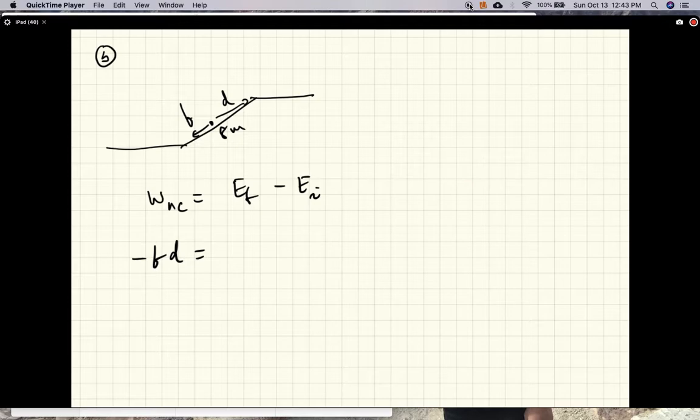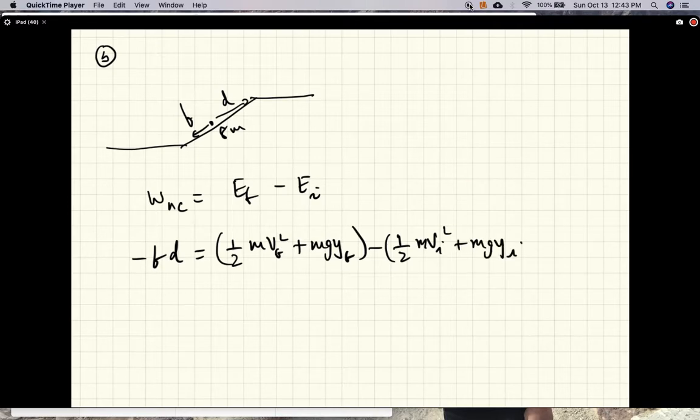And so that's equal to 1/2 m v final squared plus mg y final minus 1/2 m v initial squared plus mg y initial. So there's the initial location, there's the final location.